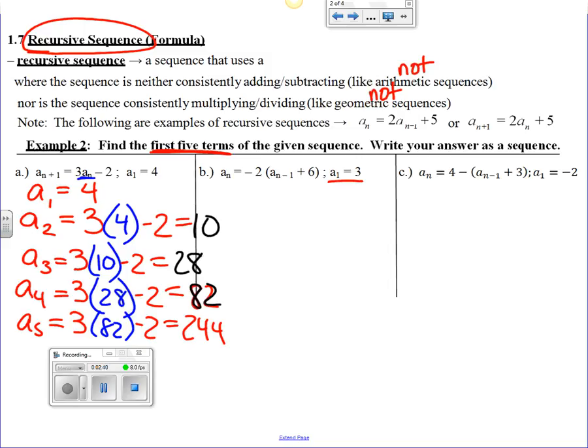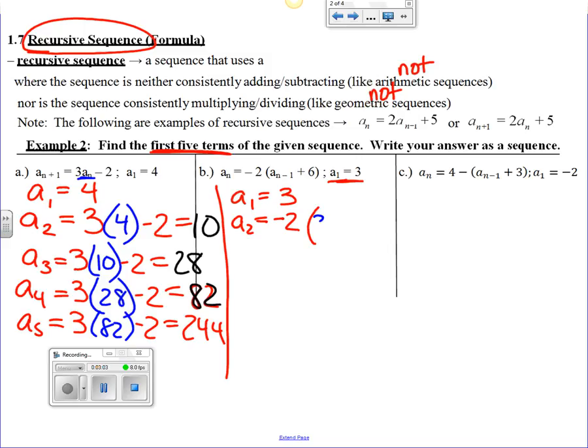All right, let's try another one. You always start with A1 on these, and then we'll go to A2. I'll do A2 for you. A2 equals, the negative 2 comes from the formula, parentheses. Anybody guess what's going to go in the A spot? 3.